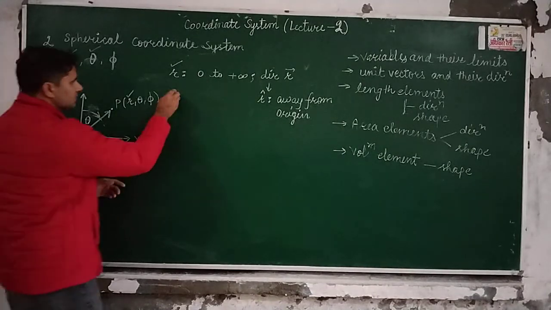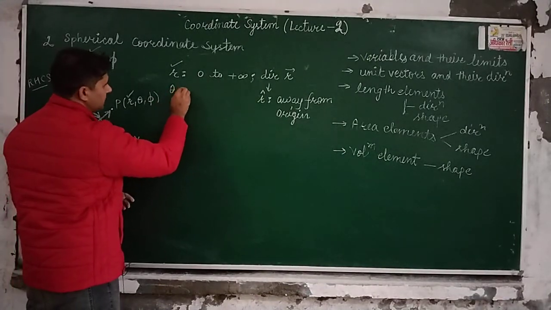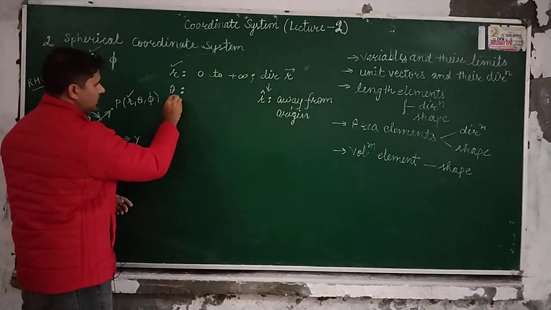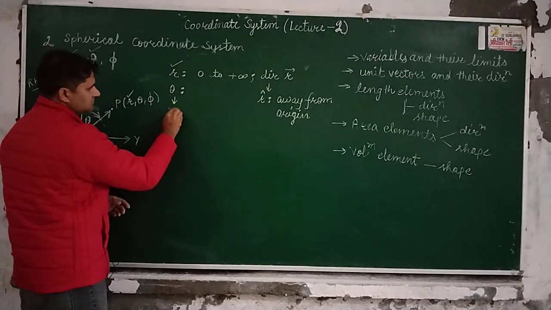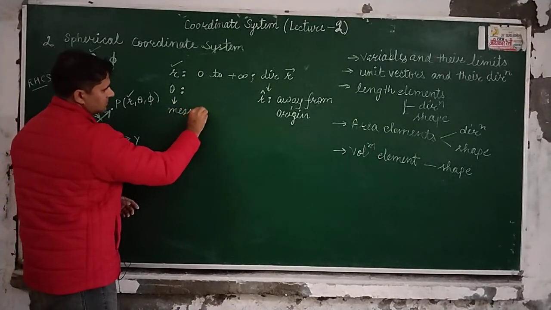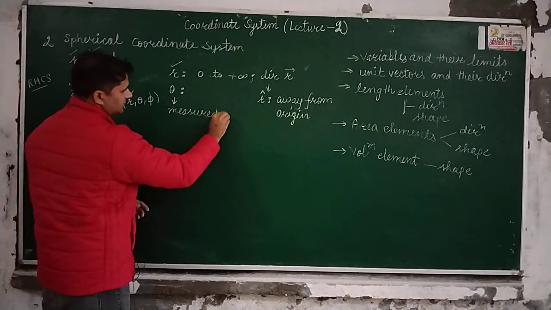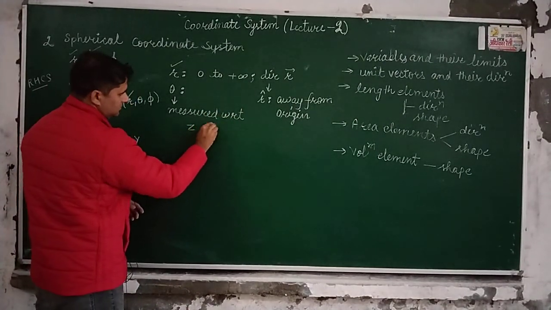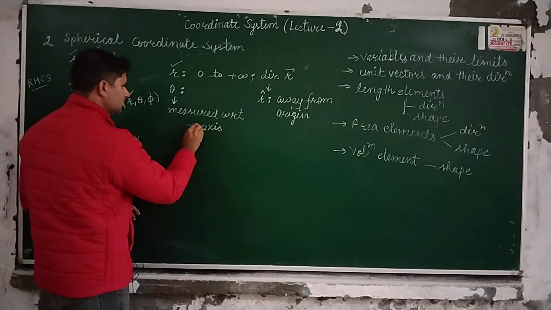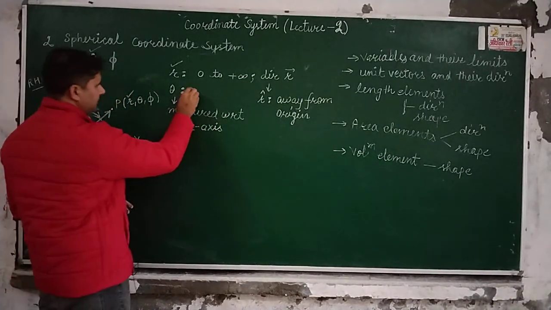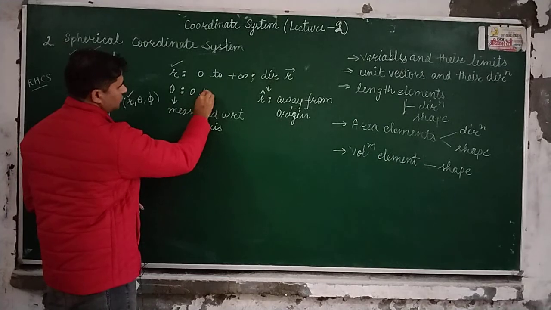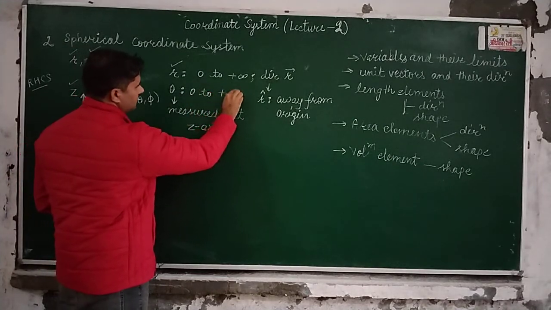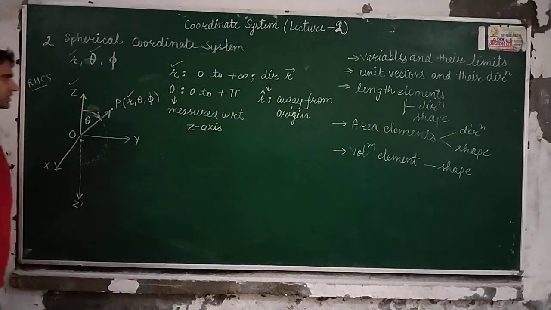So theta is a variable which is always measured with respect to the z axis, and its range is from 0 to plus pi. Okay, so you can understand.